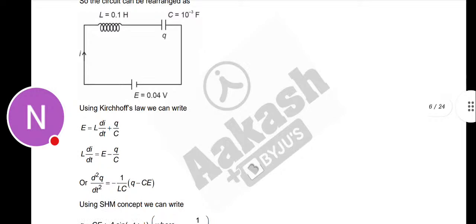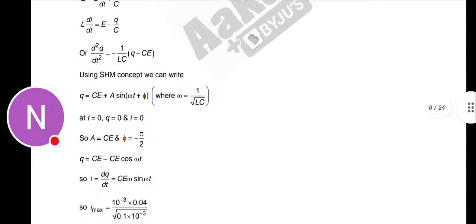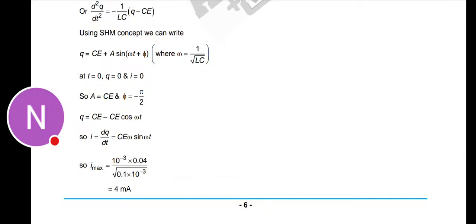By using Kirchhoff's law, we can write E equal to L di by dt plus Q by C. So therefore L di by dt is equal to E minus Q by C. Or we can say d square Q by dt square is equal to minus 1 by LC into (Q minus CE).